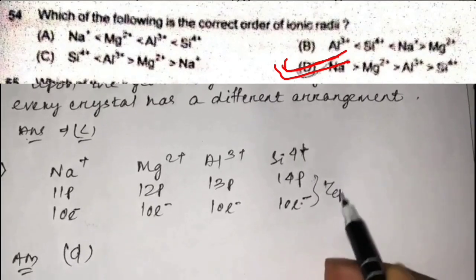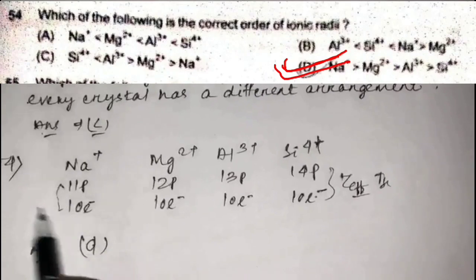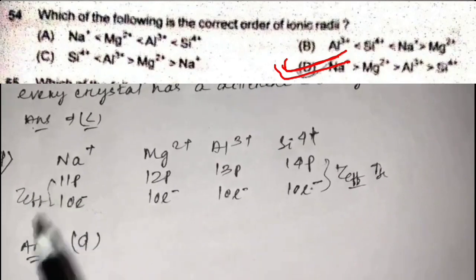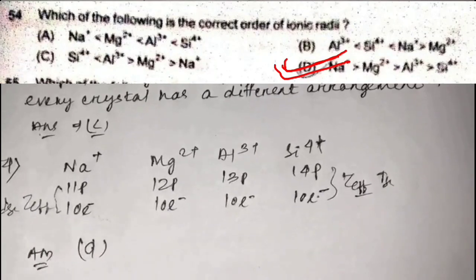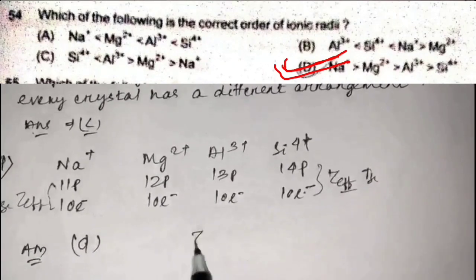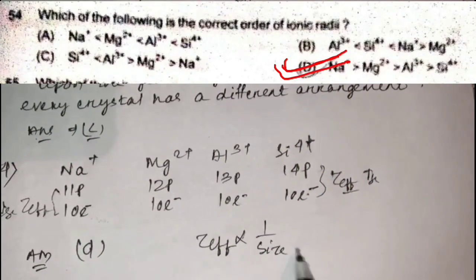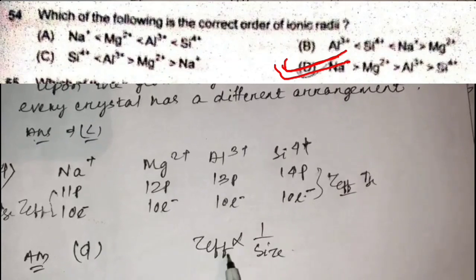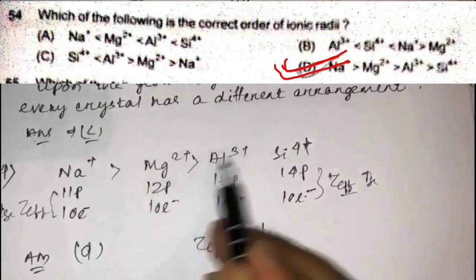That is, Z effective will be higher in this particular case, and Z effective, that is effective nuclear charge, will be lesser in this case. So the order for ionic radii, as Z effective is inversely proportional to size. Okay, so Z effective is inversely proportional to size. So here the order is this.